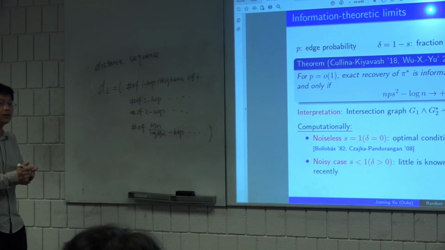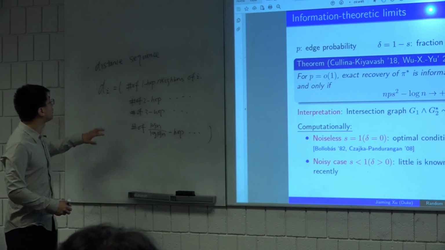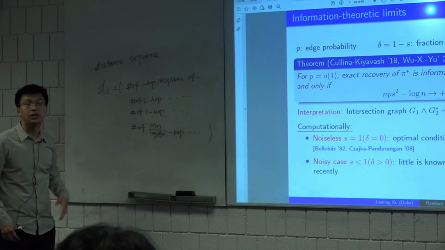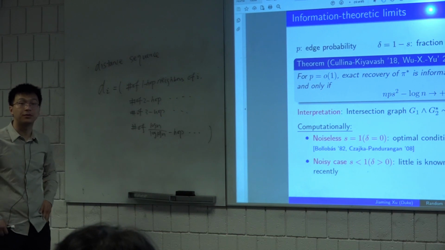The first coordinate is the number of one-hop neighbors, the second coordinate is the number of two-hop neighbors, and so on and so forth.